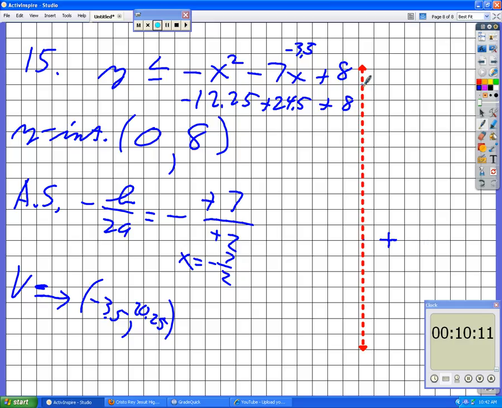So there's our vertex. 20.25, that's the top point. Alright, now we need some room here. The y-intercept is 0, 8. So it's up 2, 4, 6, 8. So it's there. And now we're going to take this and flip it over.